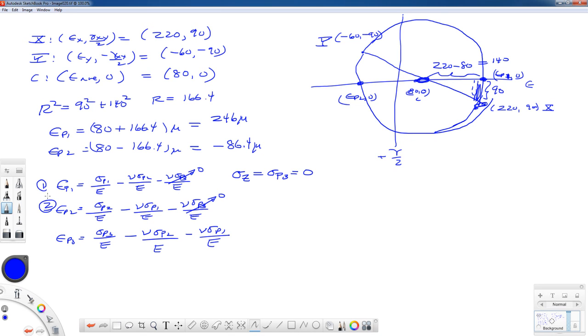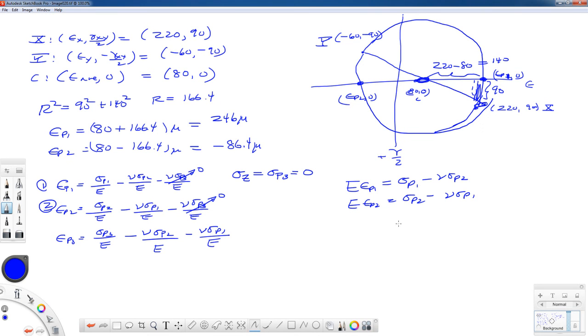I'm going to do a little bit of algebra to solve for the stresses in terms of the strains. Let's come over here and do that. First thing I'm going to do is multiply both sides of both equations by the modulus of elasticity E. And I want to eliminate one of these terms.